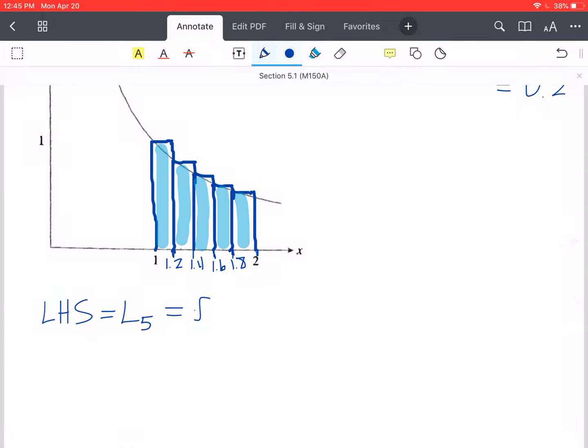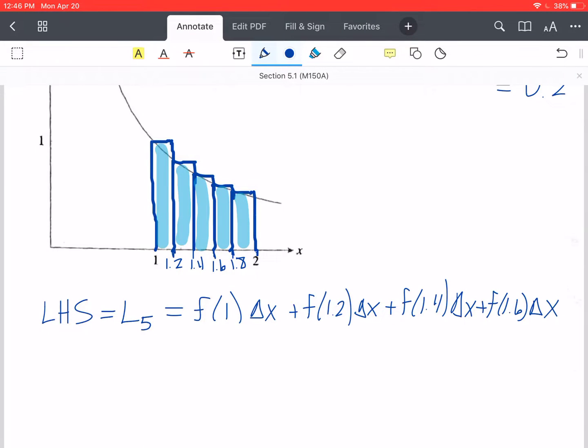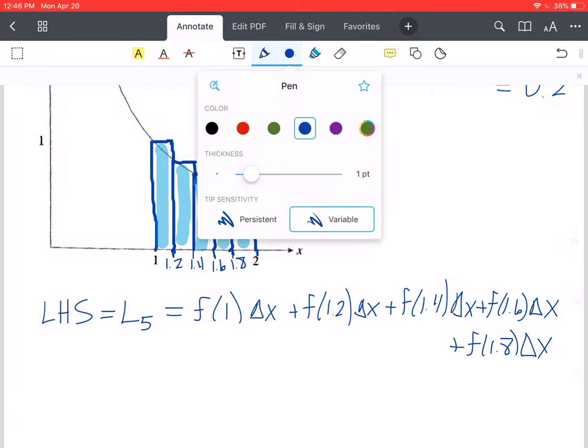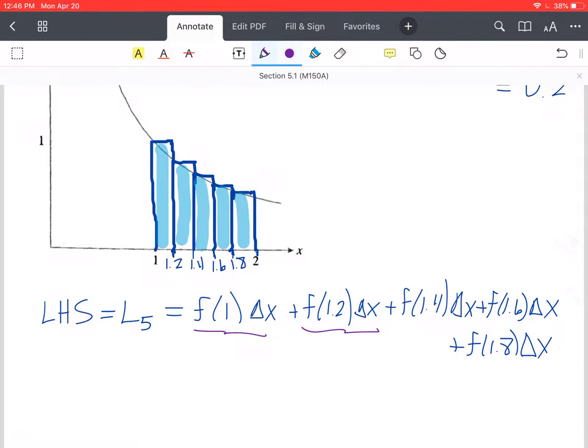This is going to be f of 1 times delta x plus f of 1.2 times delta x plus f of 1.4 times delta x, plus f of 1.6 times delta x, plus f of 1.8 times delta x. Okay, so each of these represents the area of one of these rectangles. Okay, so 5 rectangles, we got 5 terms here.